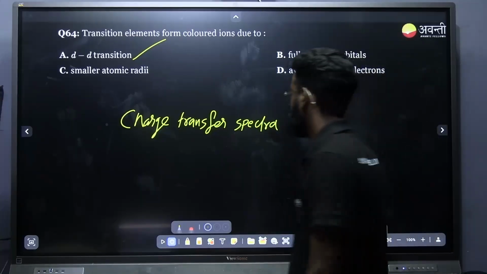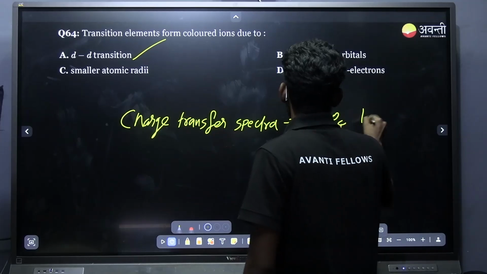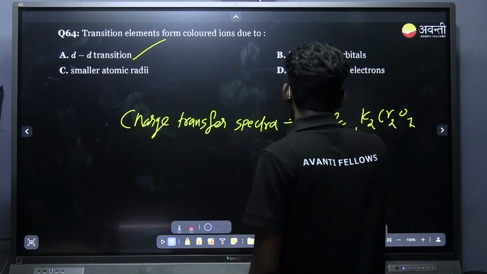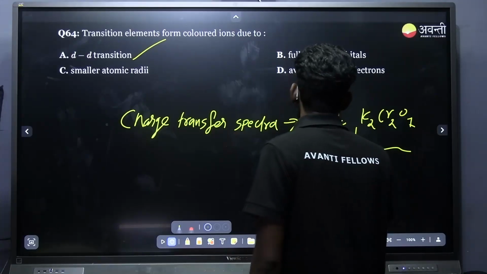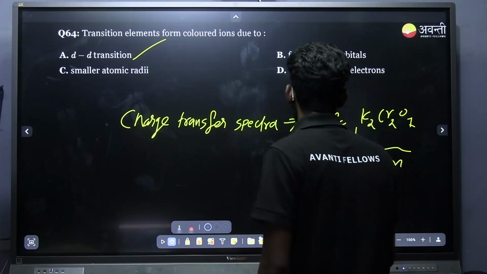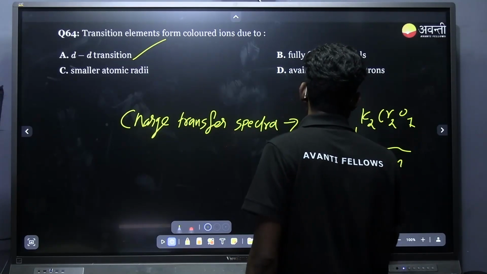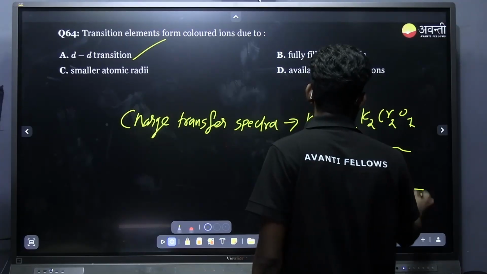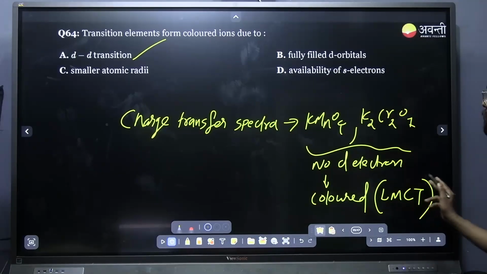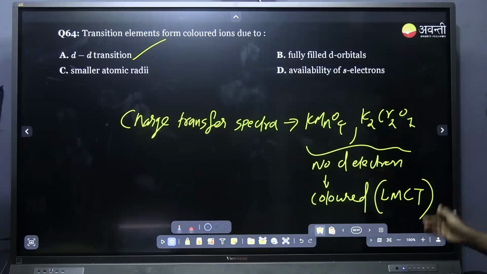Due to charge transfer spectra, compounds like KMnO4 and K2Cr2O7, which have no d electrons, are colored due to LMCT, that is ligand to metal charge transfer. LMCT is ligand to metal charge transfer spectra. Okay, just note down this point also.